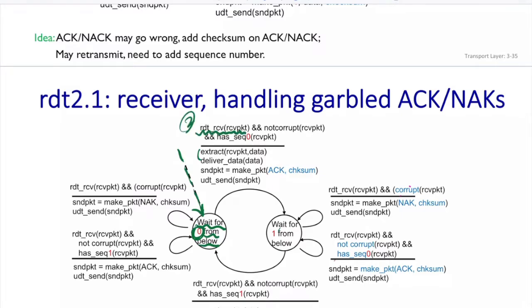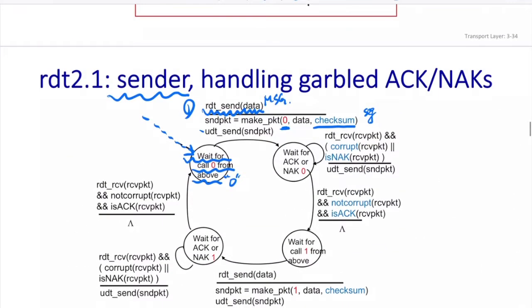If the packet arrives with no corruption, and it is indeed packet number 0, then we deliver the packet to layer 7, and we send an ACK back to the sender. Now we have a checksum mechanism on this ACK as well. So that's step number 2.